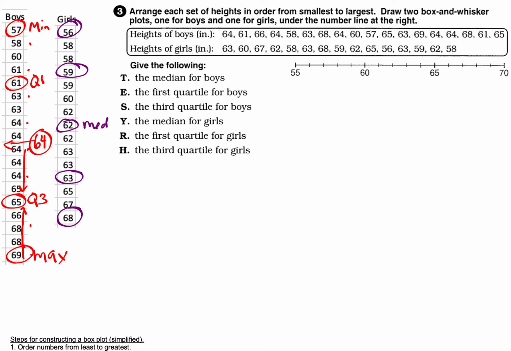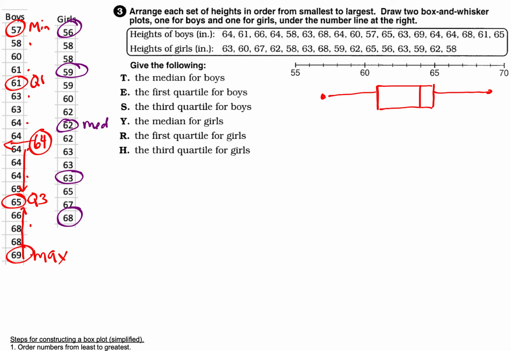Once we have these 5 numbers, we can plot them. Let's start with the boys. Boys are minimum 57. First quartile, 61. Second quartile, 64. Third quartile, 65. And maximum, 69. And that box is done.